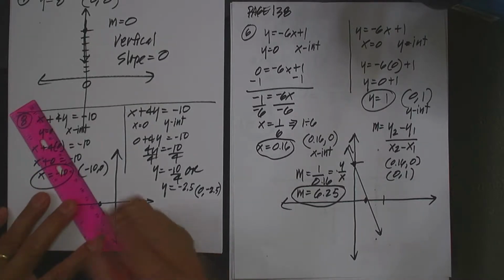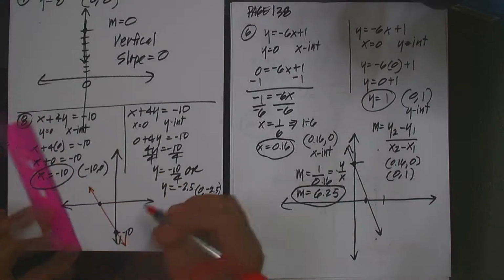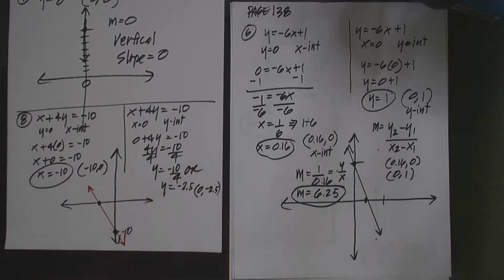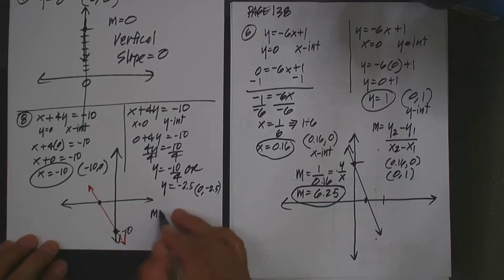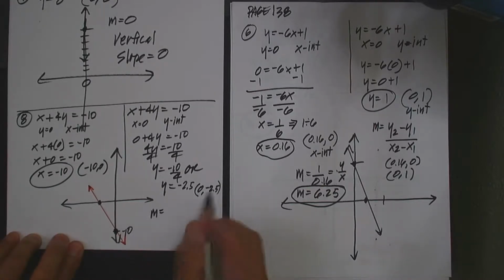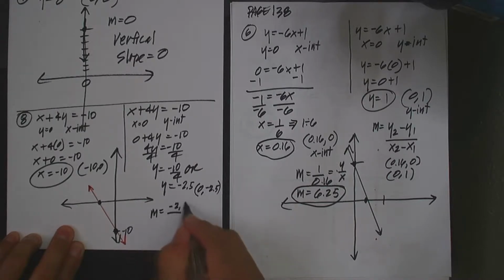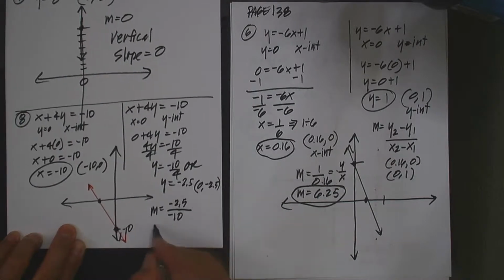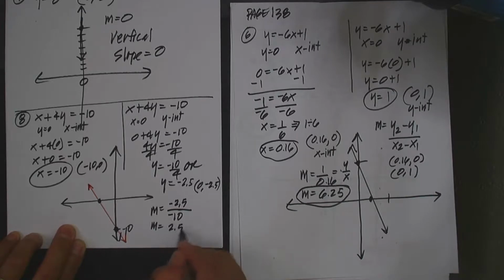So you know that your slope is gonna be what? Negative, right? Yeah. So your slope here is, let's say, Devon says your y, so you have negative 2.5 over negative 10. So your answer here is going to be m is equals to 2.5 over 10.